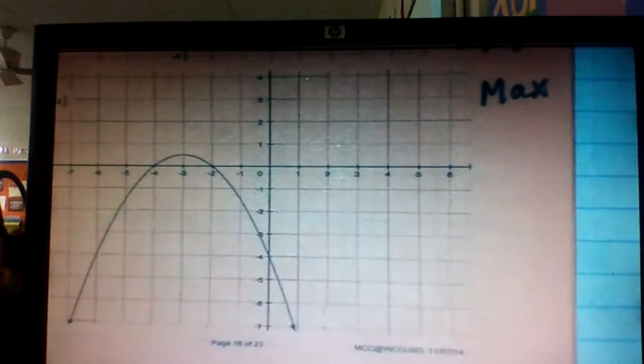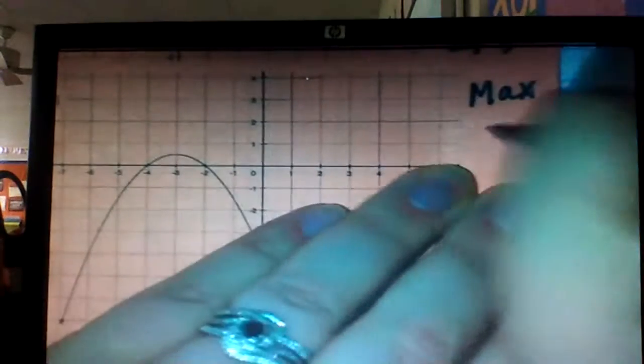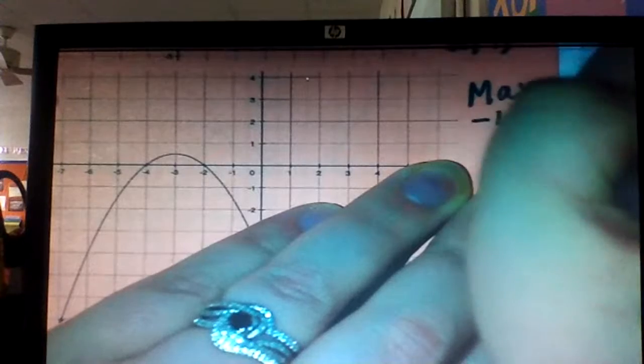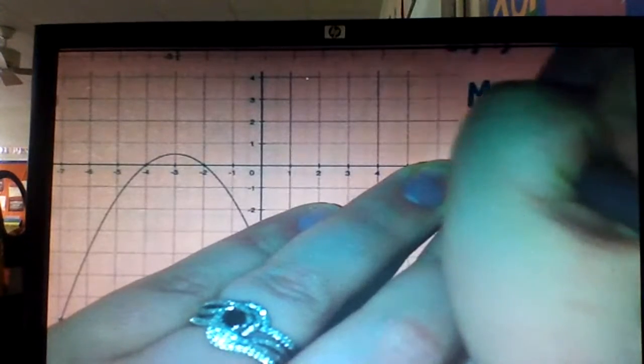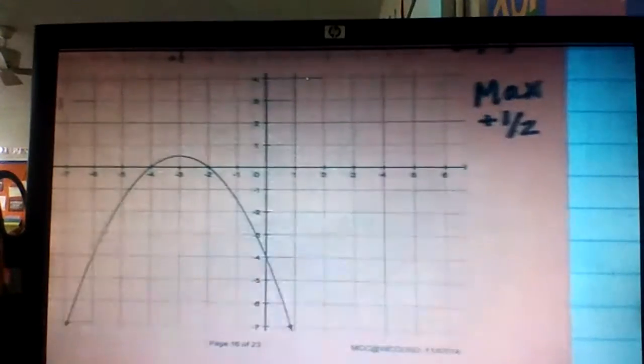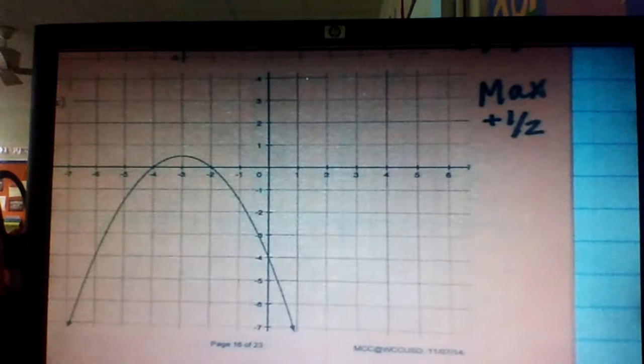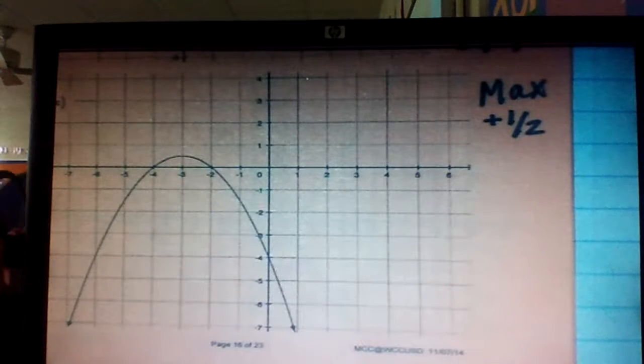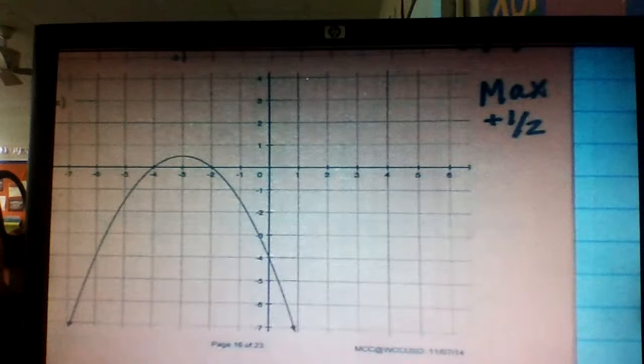Remember, your max is how high does it go? So I don't care how far to the left. Whoops, positive 1/2, not negative. My bad. I don't care how far to the left or the right it is. I want to know how high it is. So that's my Y value. Well, it's somewhere in between 0 and 1, and it looks about halfway. So we're going to guess 1/2.